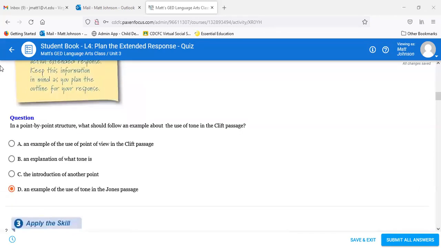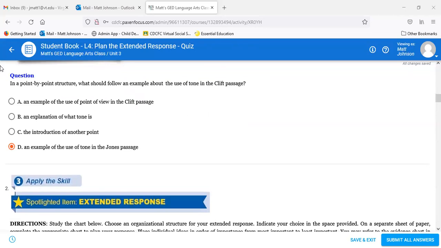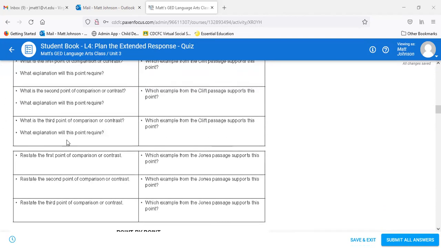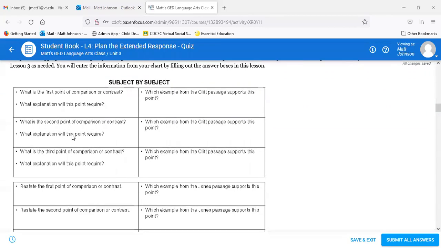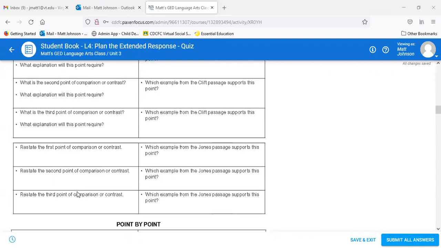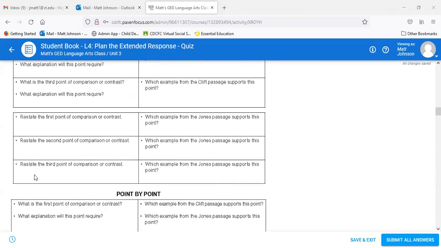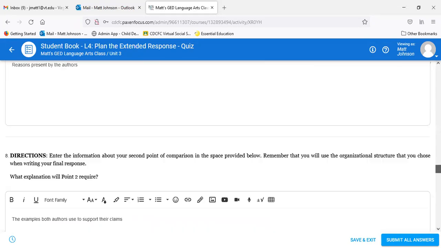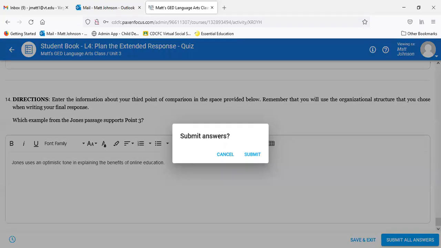So how does everybody feel about that? Everybody kind of on the same page here? Everybody understand how to build those out? And like I said, I will put these templates, like how you should manage that, on Google Classroom, so you can reference those as well. Okay, so we can go ahead and submit.